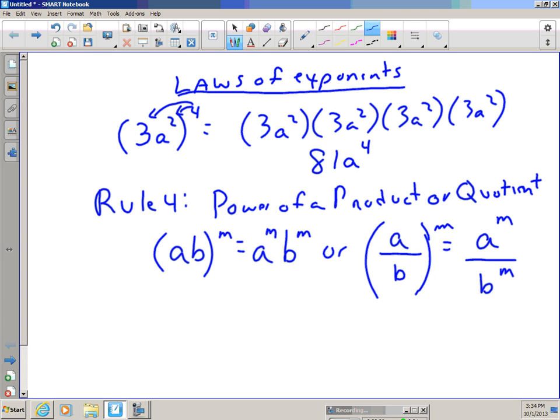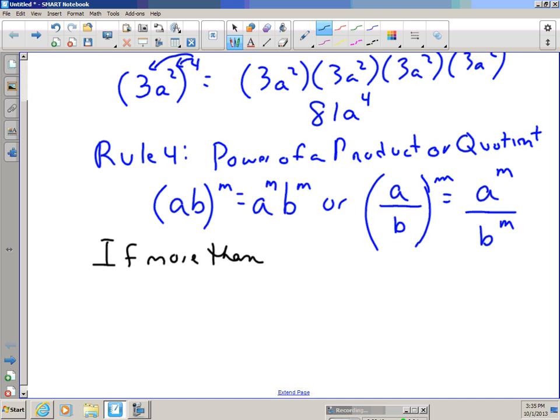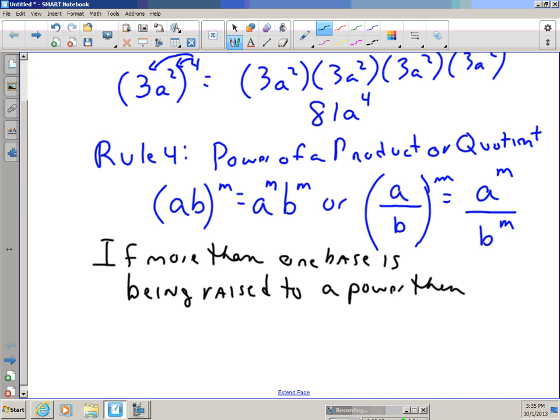So in words, what we're saying is if more than one base is being raised to a power, then distribute the exponent to each base.